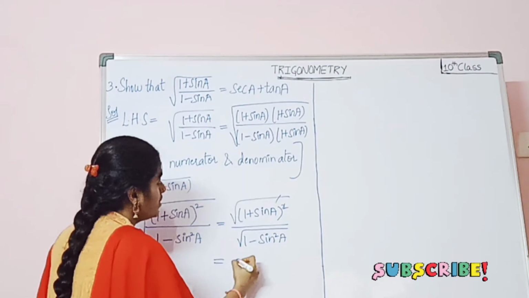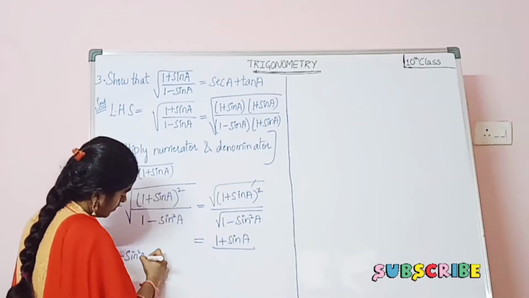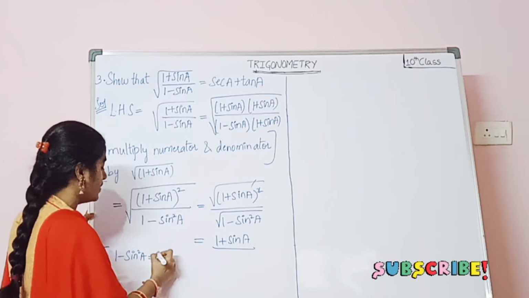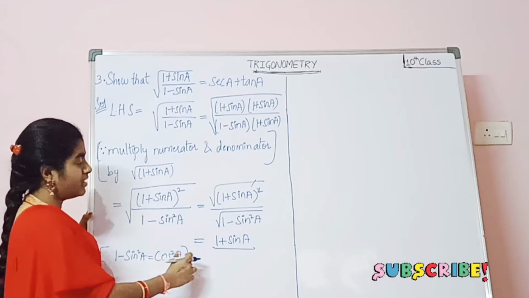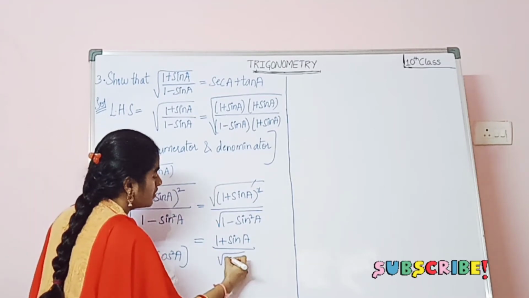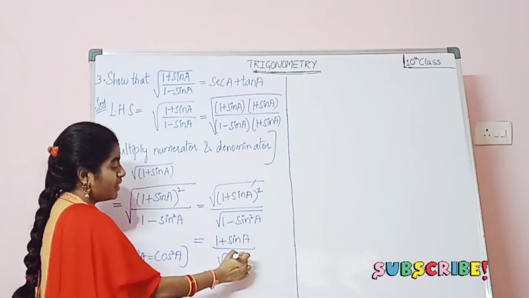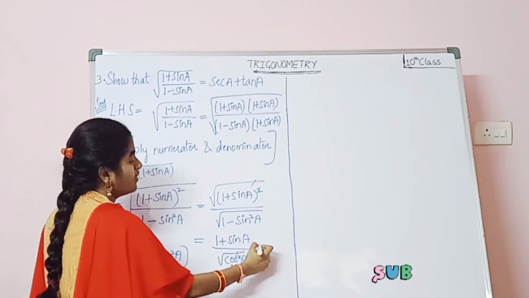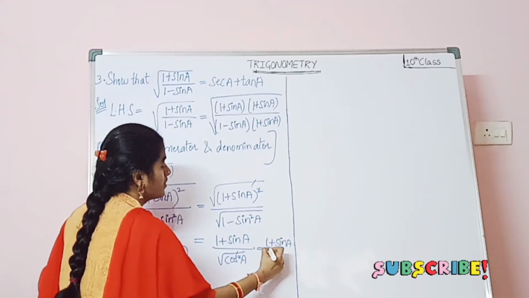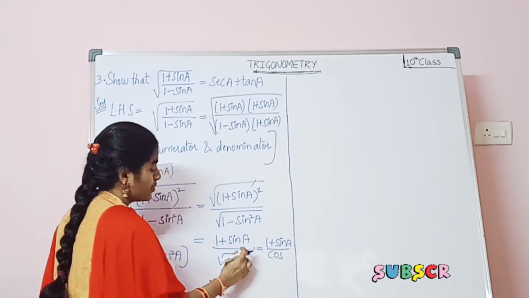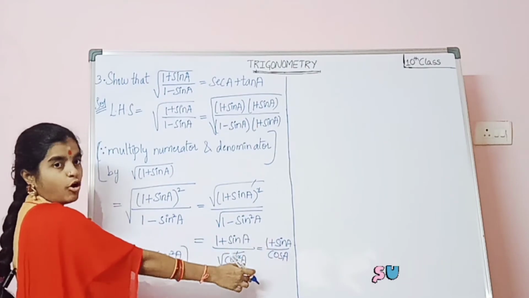So what is remaining here? 1 plus sin A by, now this 1 minus sin square A can be written as, since 1 minus sin square A equals cos square A, cos square A under root. Now this square root is cancelled. So what is remaining here? 1 plus sin A by cos A, because square and root are cancelled.